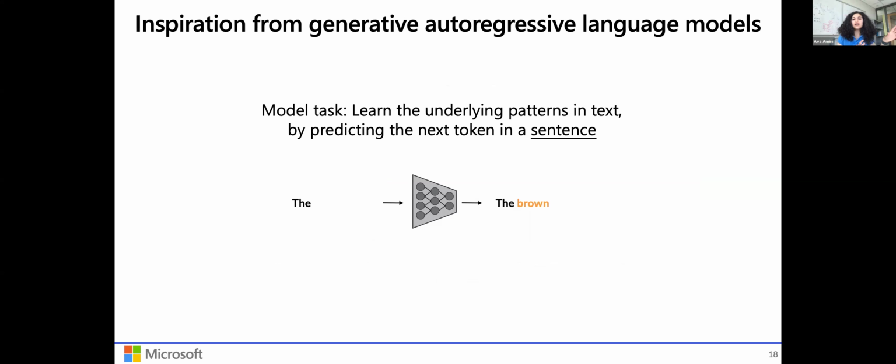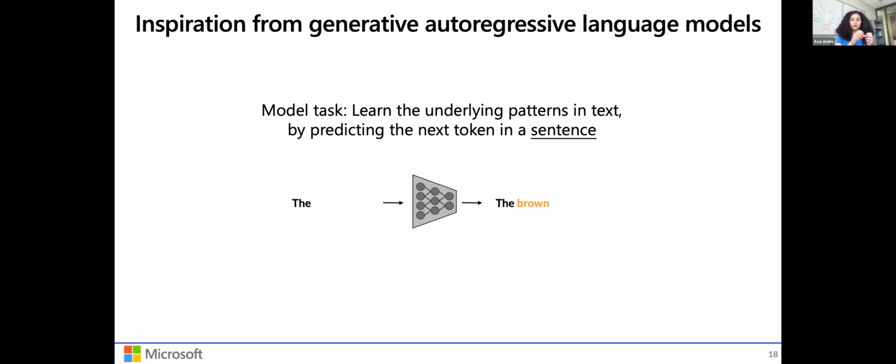Looking at natural language as the inspiration, the task is quite straightforward. We want to develop generative models that learn an underlying probability distribution of language patterns in text data by learning to predict the most likely next token in a sequence of tokens.